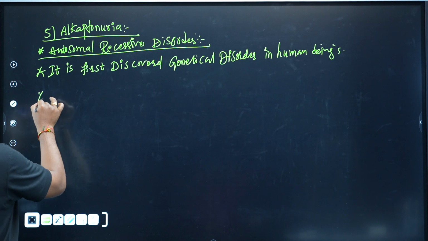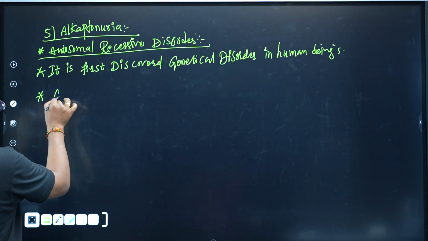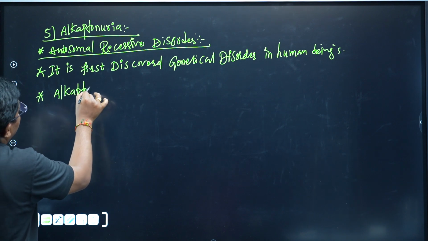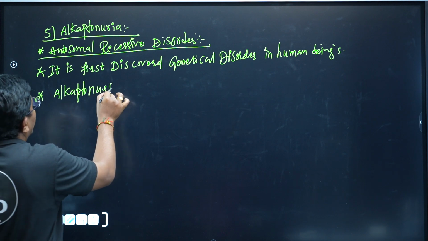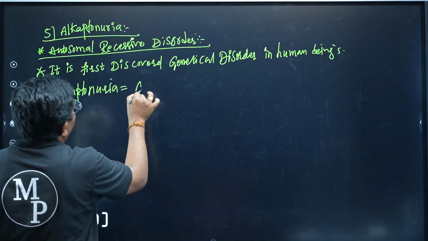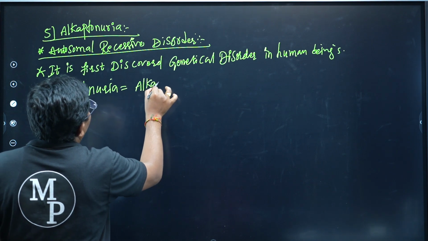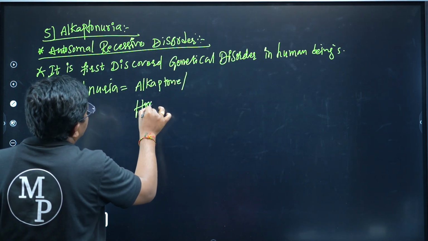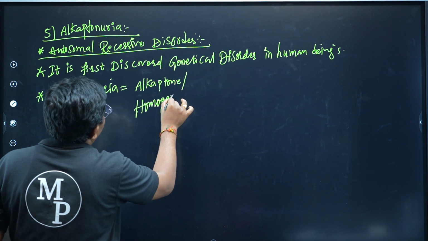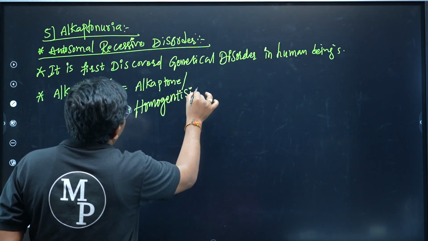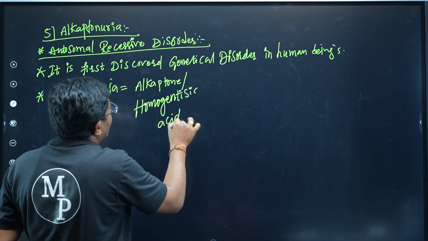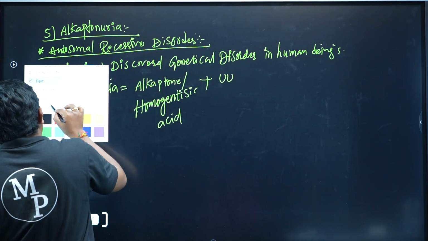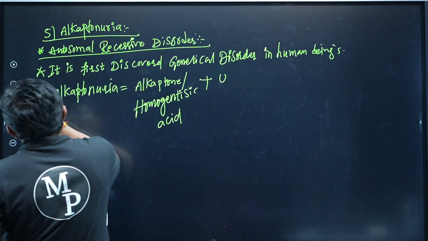Okay, and this disease is also called alkaptonuria. Alkaptonuria means alkapton, nothing but homogentisic acid, which is found in urine.